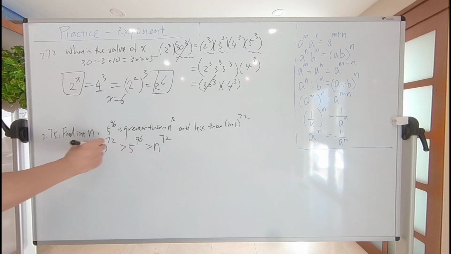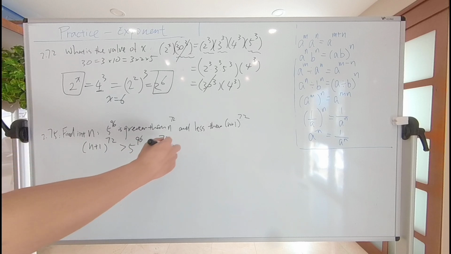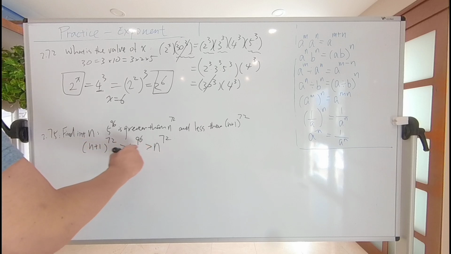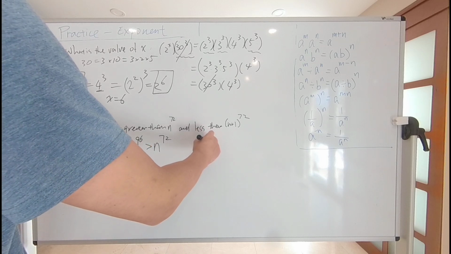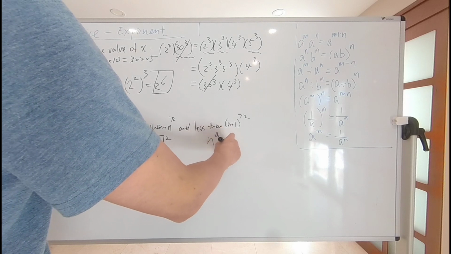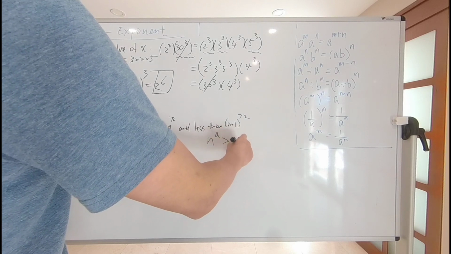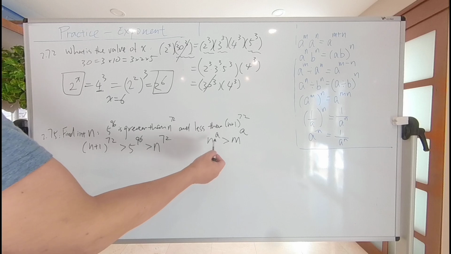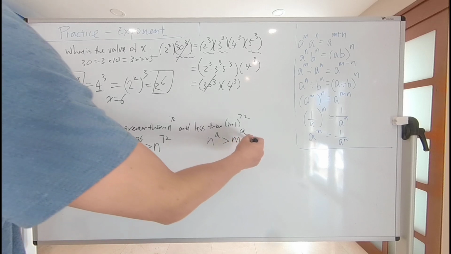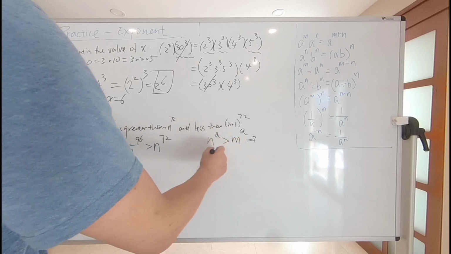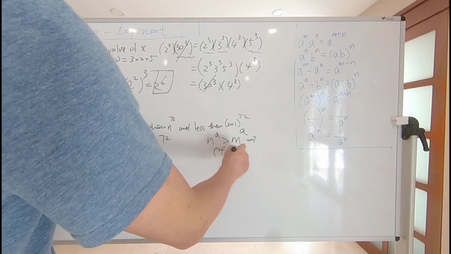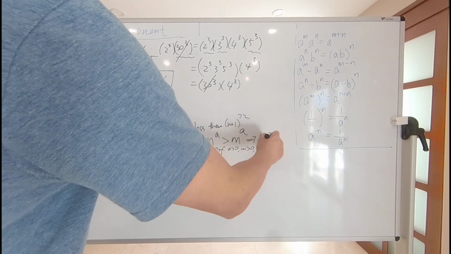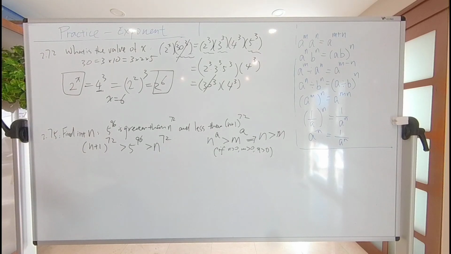And here, there's one common thing: if m and n are positive integers, and I have this inequality with powers, and the powers are also positive integers, then this is just equivalent to n is greater than m.